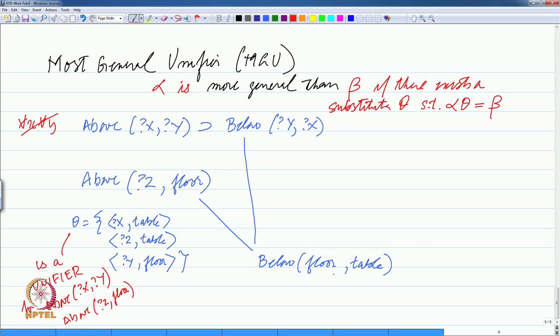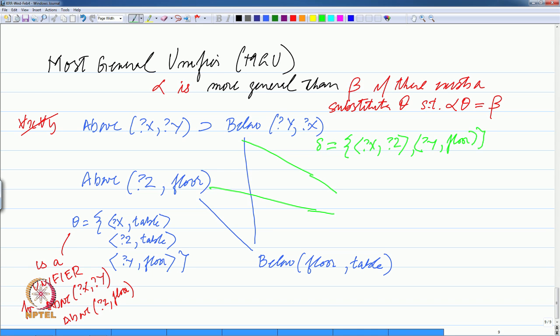But we could have chosen another substitution as well. So, let me draw this in a different color here, and this substitution, let us call it delta, says that for x I will substitute z, and for y I will substitute floor.